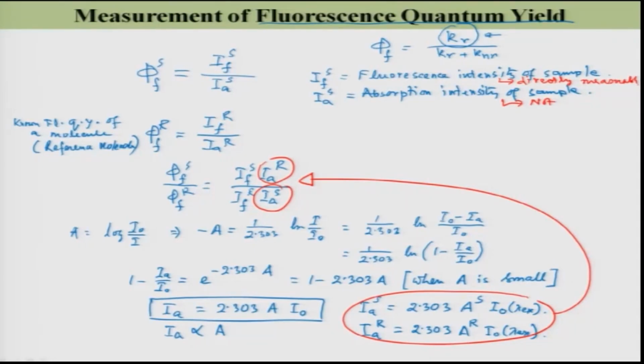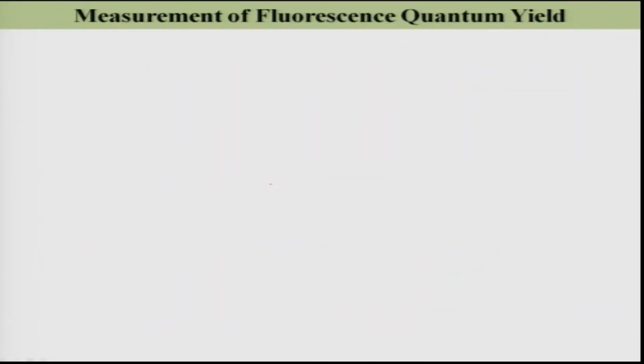So, if I do so, then what I am going to get is phi f of your sample is equal to phi f of reference, intensity of fluorescence of the sample divided by the intensity of fluorescence of the reference into absorbance of the reference at that lambda excitation, divided by absorbance of the sample.